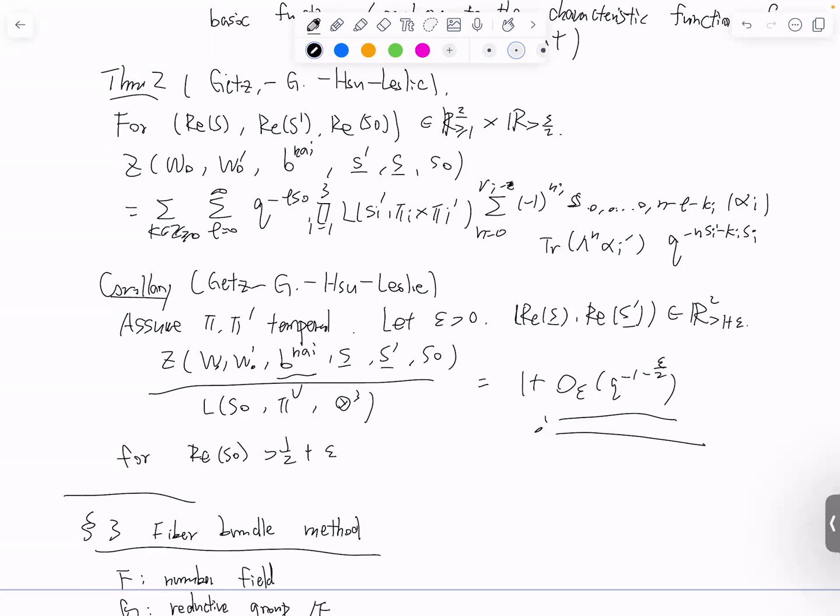We just haven't finished proving. But the choice of this naive basic function is independent of this phi prime or this pi prime. And somehow you think there is a good choice such that the left hand side is really independent of pi_i prime.